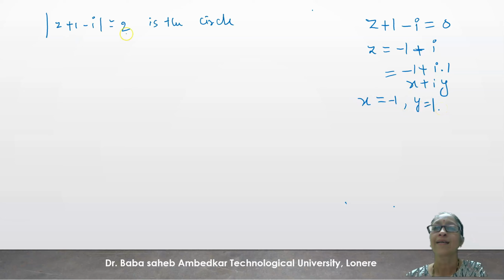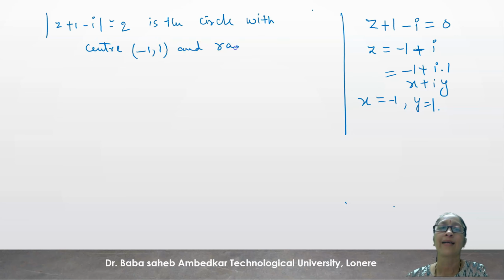So the circle has center minus 1, 1 and radius 2.